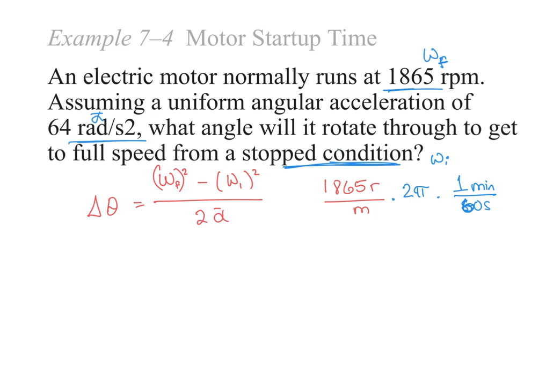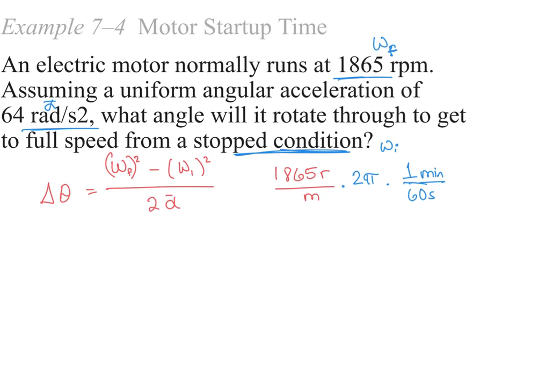So this is what my conversion looks like. I am going to go from rotations to radians, and I'm going to go from minutes to seconds. So in 3 significant digits, we'll use 3 for right now. We'll move on and we'll get it into the 2 when we get down there. How am I moving as far as my radians per second? I actually left it in decimal form for this. I took it all the way out.